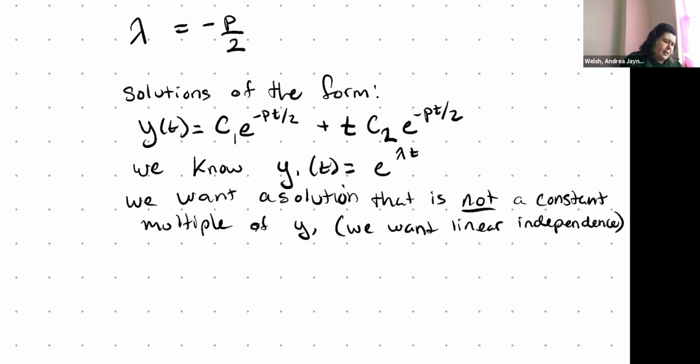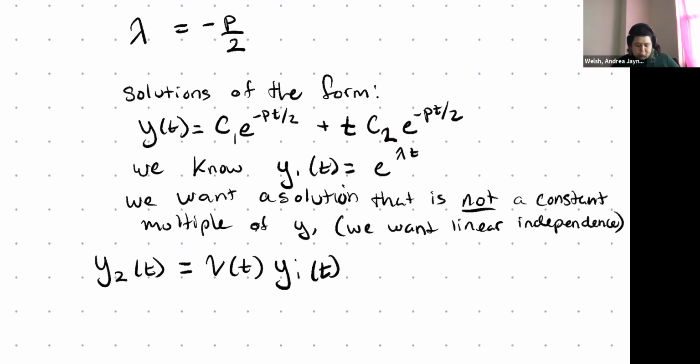The method that we can look at to find the second solution is similar to how we ended up finding the inhomogeneous solution for our first order differential equations, where we assume that we have some unknown function v of t times y1, which was our homogeneous solution.